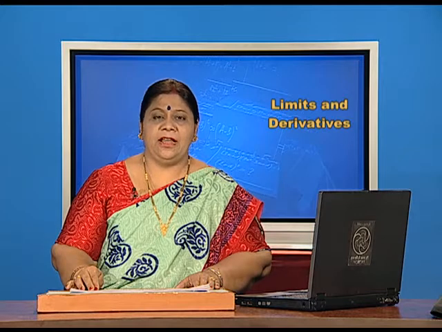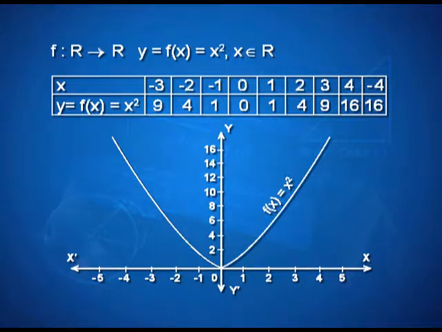Consider the function f of x is equal to x square. Look at the graph on your monitor. Y is equal to f of x is equal to x square, where x belongs to R. You will see for various values of x, f of x has different values.